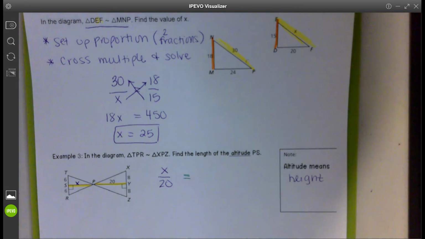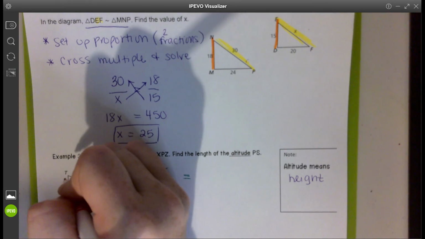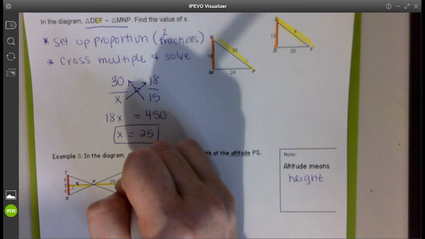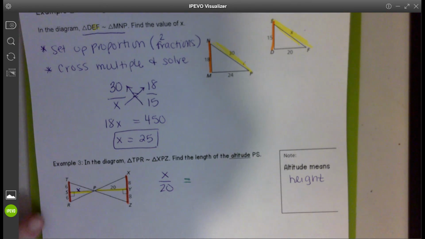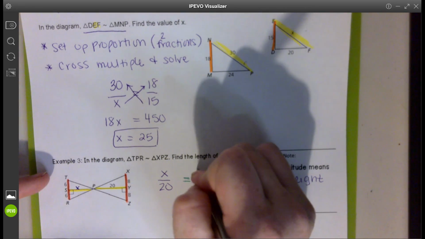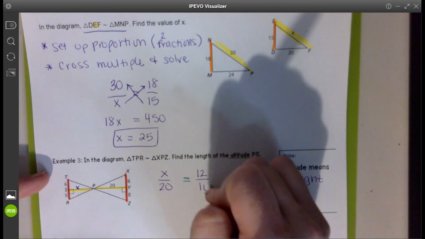And then, looking at the triangle, there's two ways to set up this. I'm going to set it the way I think is easier. So here we have the base of the triangle and the base of the triangle. How much is this base? Well, the base goes from T to R. That means I'm adding the two numbers, and that makes 12. And then here, I'm adding the two, and that makes 16.